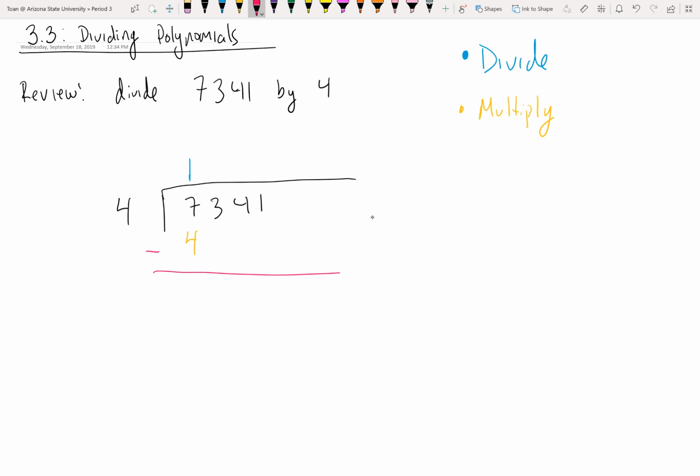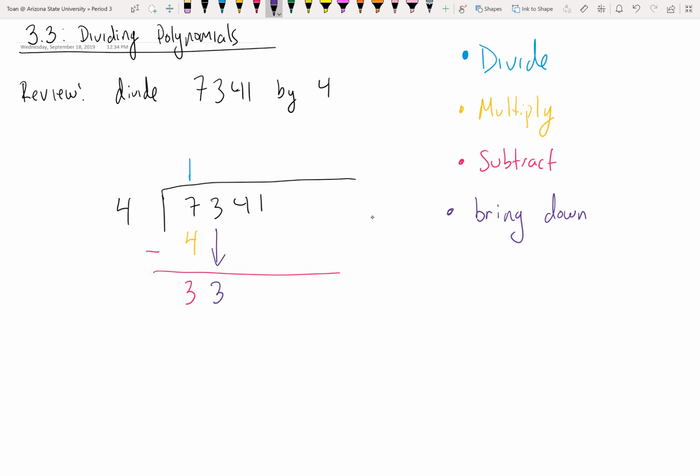So we do 7 minus 4 gives us 3. That was the third step. We're going to subtract. And then last but not least, your elementary school teacher probably told you, you're going to bring down the very next number. Those 4 steps are one complete cycle of what is known as the division algorithm.